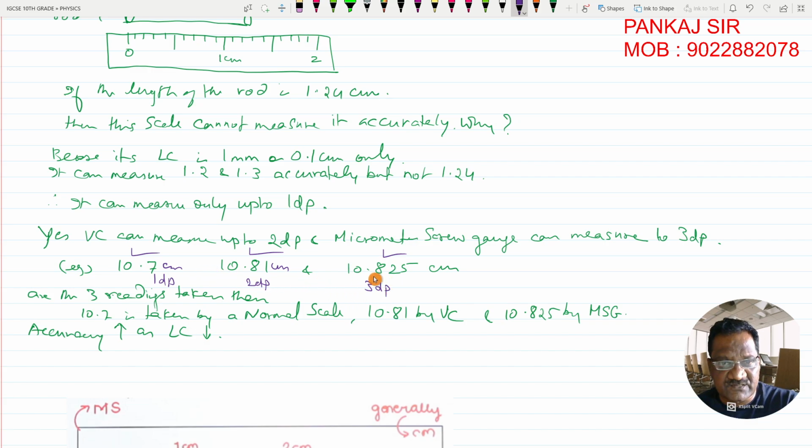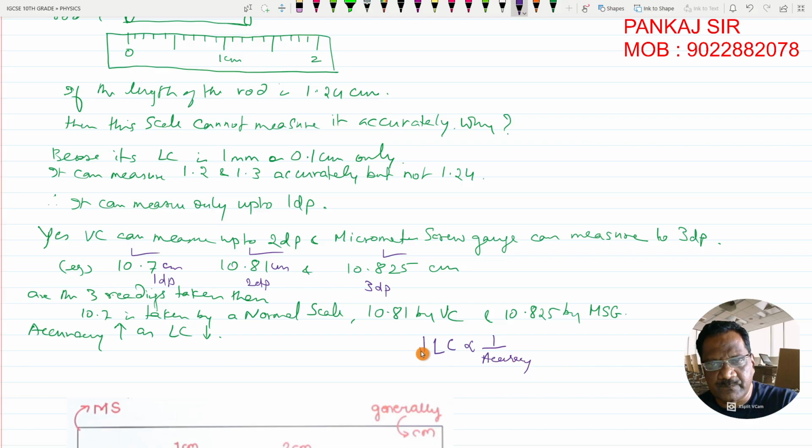So this 10.825 centimeter is a more accurate reading of the length of an object compared to 10.81 and 10.7. Okay, so the accuracy of measurement increases. Now why does this happen? This happens when the least count of the instrument decreases. So you can understand that the least count is inversely proportional to the accuracy.